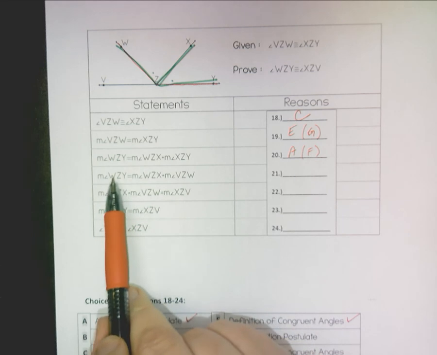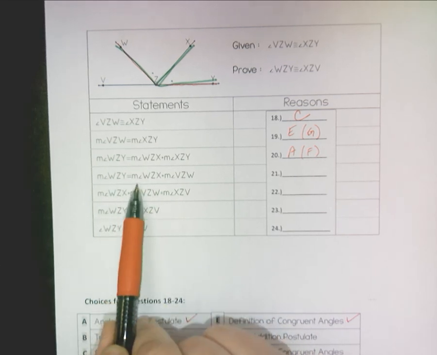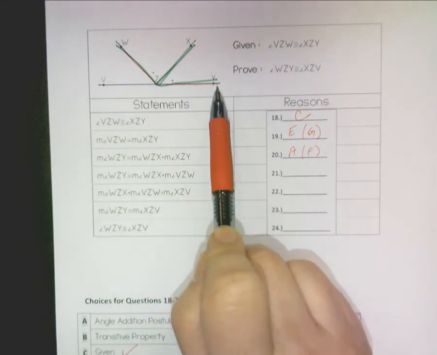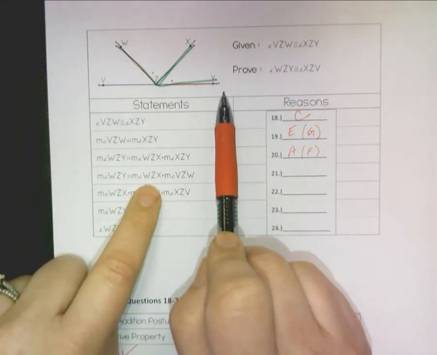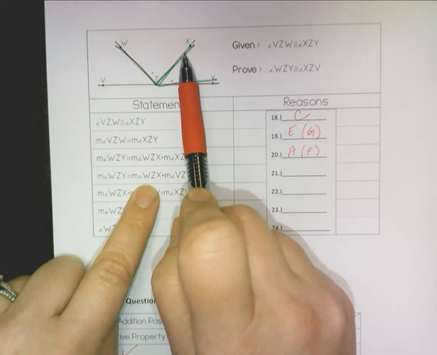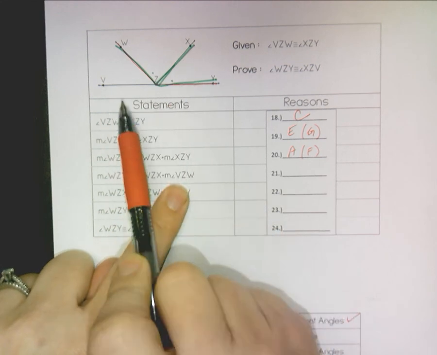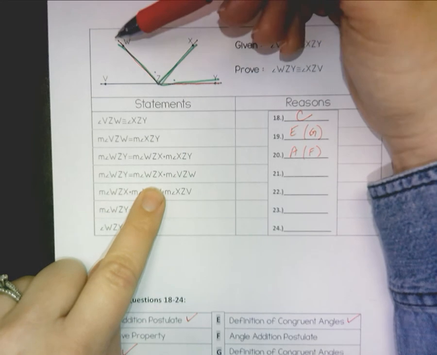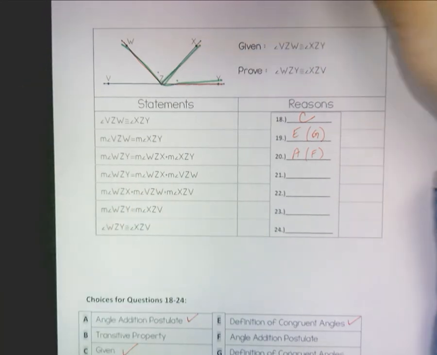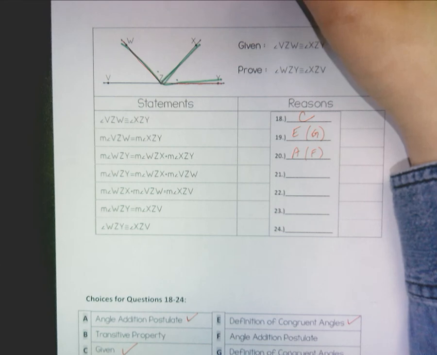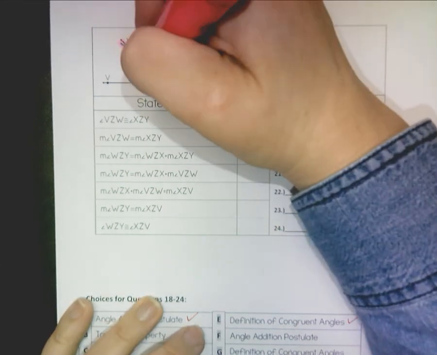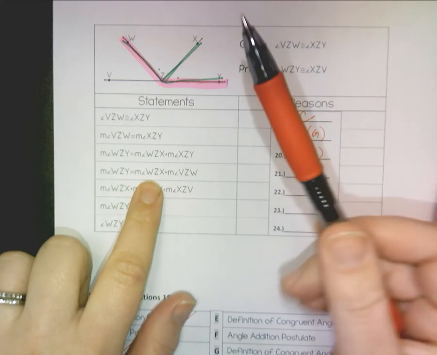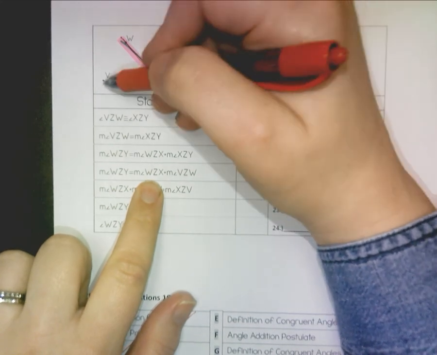All right, now what am I doing? I'm going measure of WZY is equal to WZX and VZW. What am I doing here? WZY. This one. Let me use my highlighters just so you can kind of see. This angle is equal to this and this one.